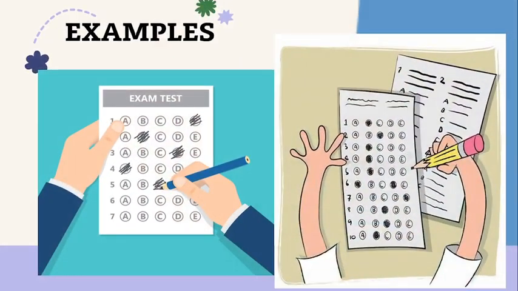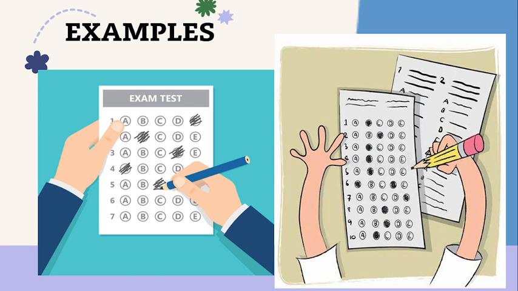So for example, imagine yourself in a classroom during an examination. The type of test given to you is multiple choice. There are questions and each question has choices or options from A to E. One of those is the correct answer.